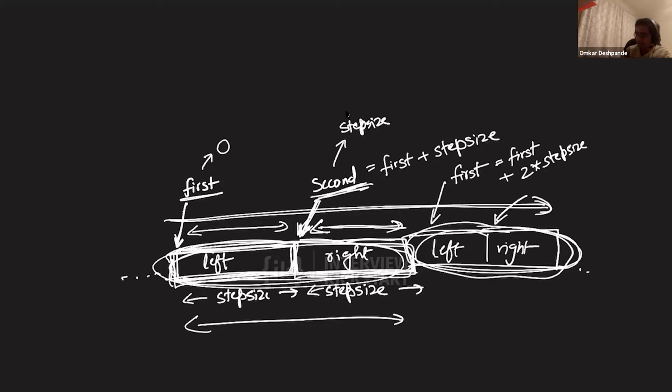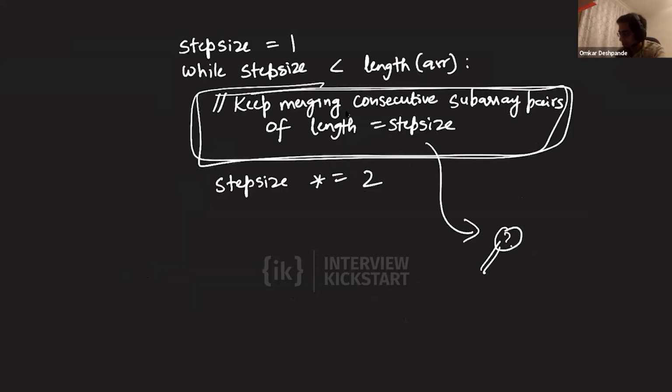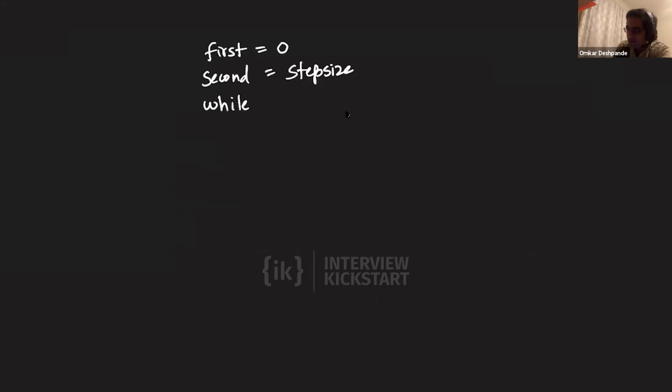If we move so far to the right that we only have a left value and no right subarray to merge it with, then there's nothing to do. So the second value has to be a valid index. As long as the second value is a valid index, we know that there are two subarrays to merge together. So while the second index is a valid index, that means it's less than the length of the array.